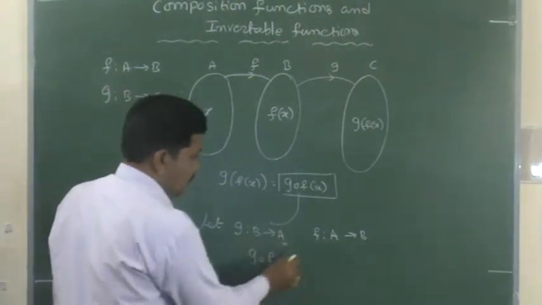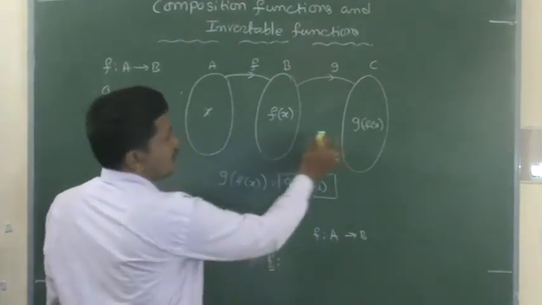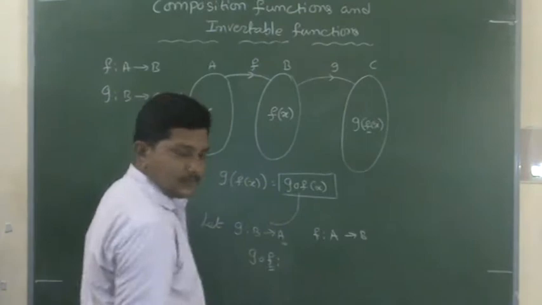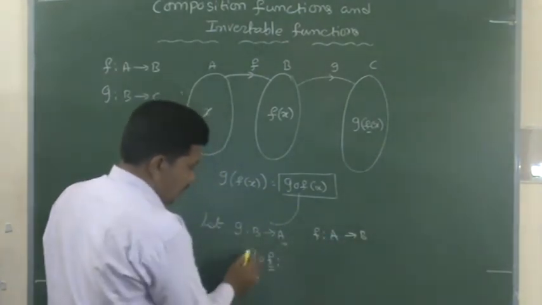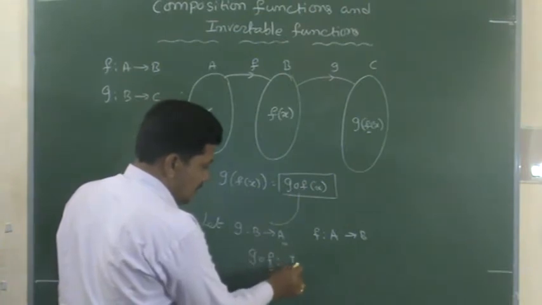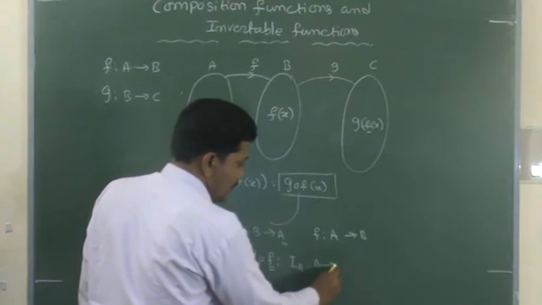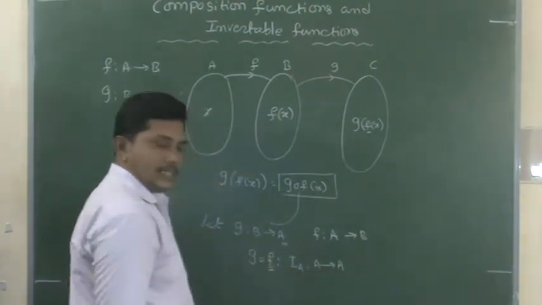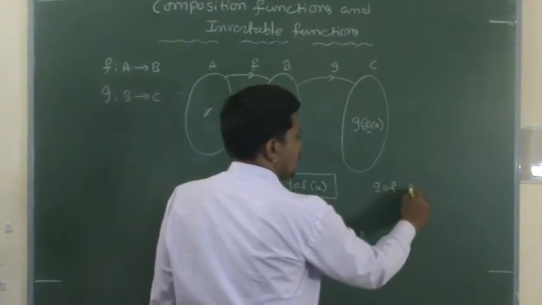So first f, A to B, next g. So f is mapping from A to B and g is mapping from B to A. This is A to A. That means g circle f is A to A.